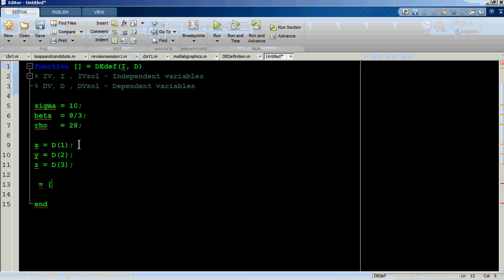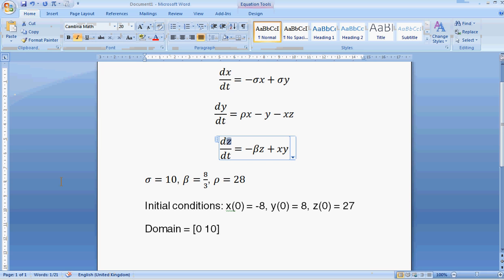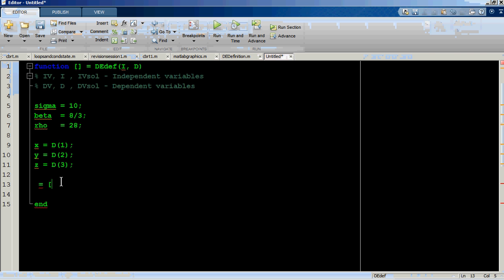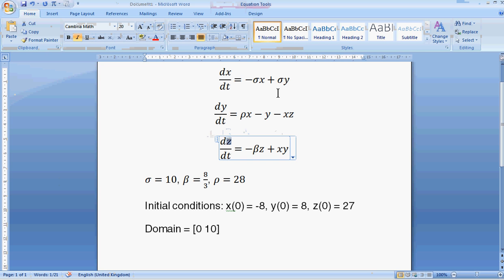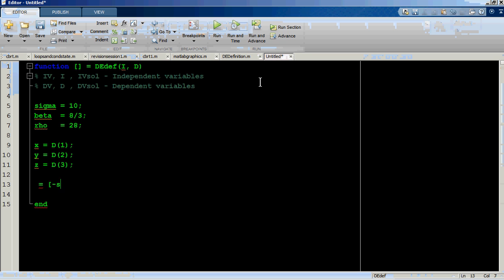On the right hand side, I'm going to write only what is there on the right hand side. So what is there on the left hand side? How do I write it? We will see it later. So now basically what do we have? Minus sigma, minus zig into x plus zig into y.